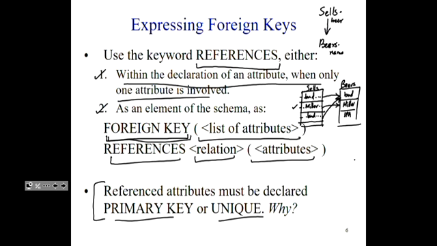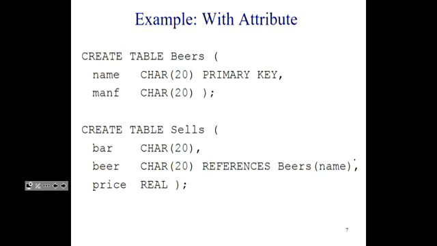Okay, all right. So here's one instance of how you may do this. This is as part of the attribute list as opposed to part of the schema. Here I've declared the name of beers as primary key, and within cells I'm saying, have this beer reference this name, right?